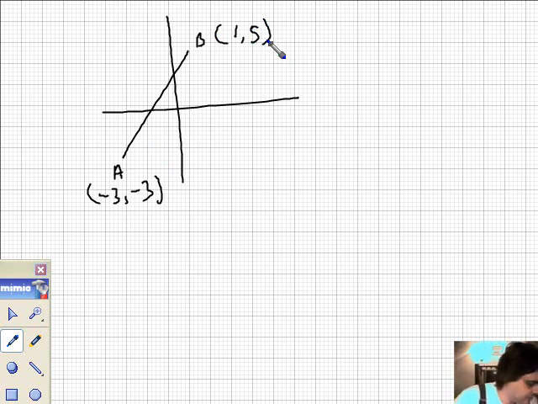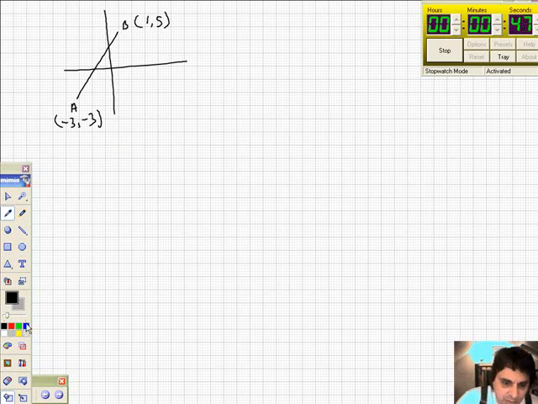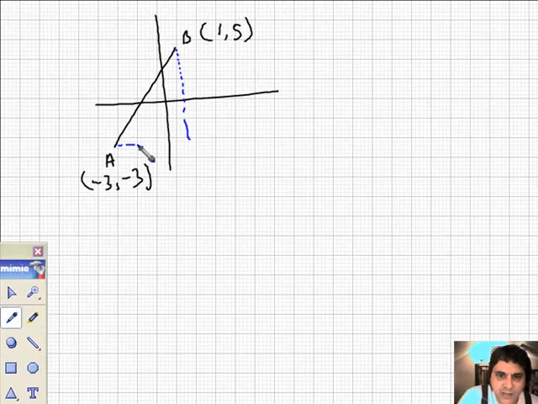It says, find the gradient of the line A to B. Fine, well, I'm going to do a little one of these here. So how am I going to do it now? I can imagine I've got the Y across here and the X across here. Now, if that's -3 down and that's 5 up, that's a Y height of 8.